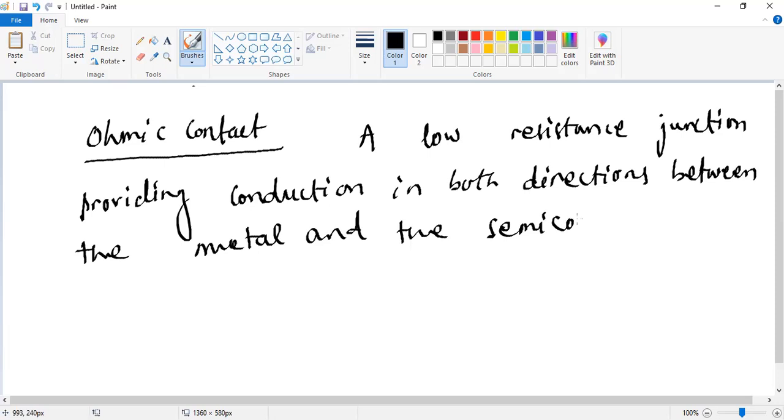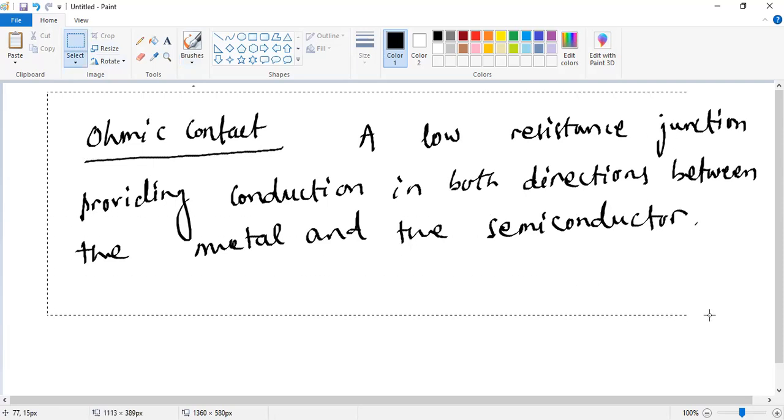Let us try to understand this using the band diagrams. So this is what an ohmic contact is: a low resistance junction between the metal and the semiconductor. Let us first discuss the ideal non-rectifying or ohmic barrier.